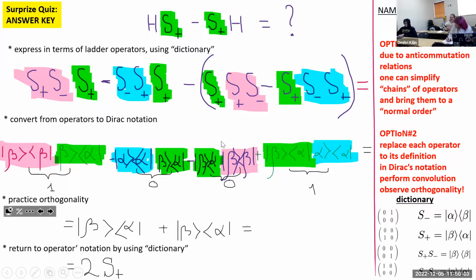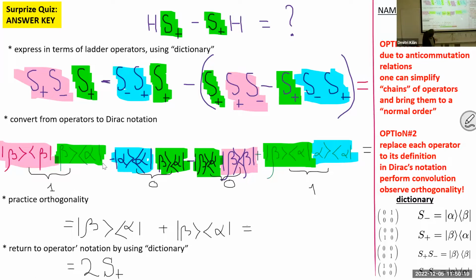Okay, and then you look there and identify the central part. If in the central part you have bra-ket of beta beta, by orthogonality it is 1. If we have in the central area bra-ket of alpha times beta, by orthogonality it will be 0. Or if it is alpha beta again 0.